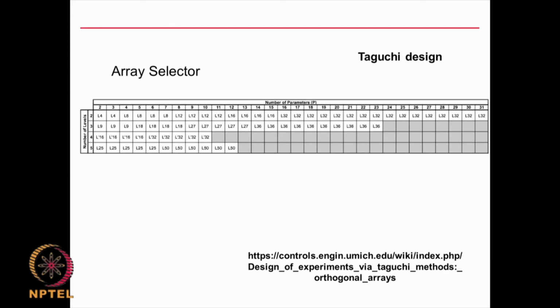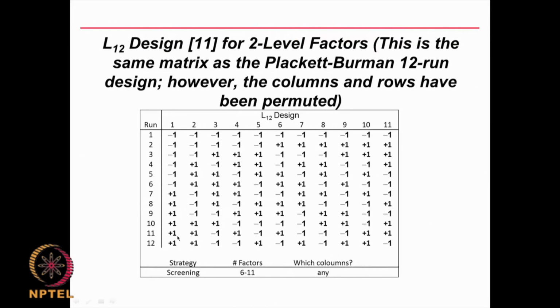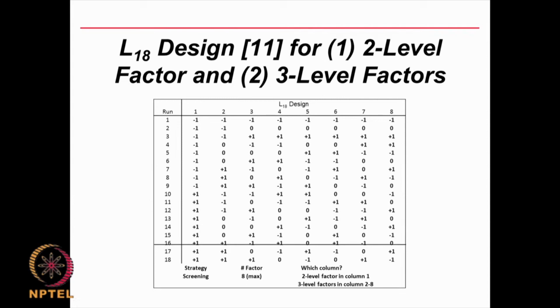Sometimes it will look like even a Plackett-Burman design, especially when you are looking at L12 and go screening for 11 factors. So, we have different types of tables, that is the advantage of this Taguchi method.